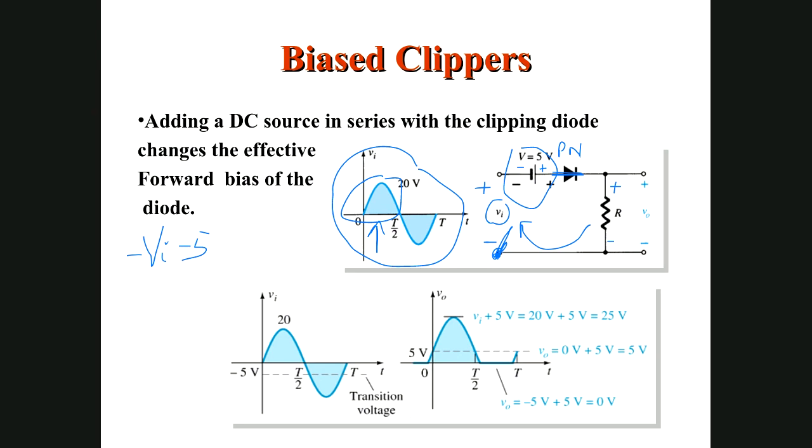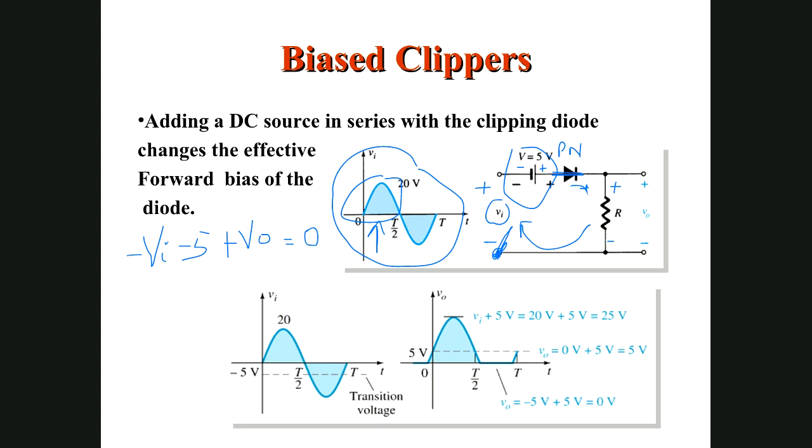As we are going clockwise, at first we will get positive, so we write plus VO. These are all the voltages in the loop, and we know KVL says the sum of all the voltages in the loop is 0.